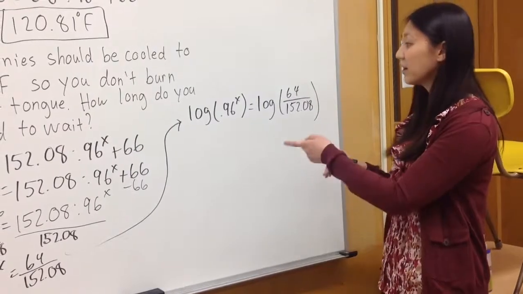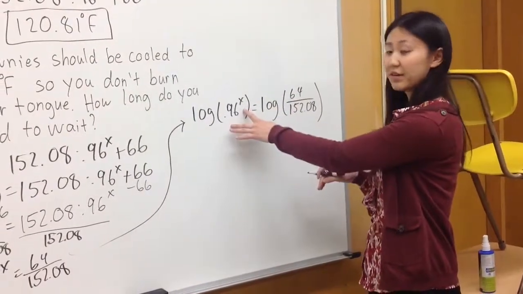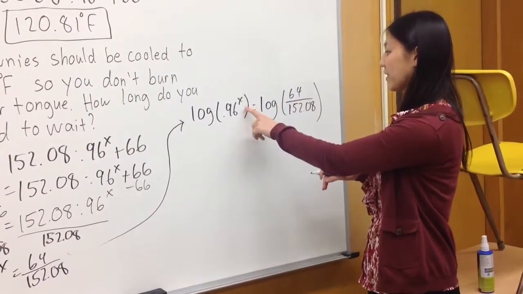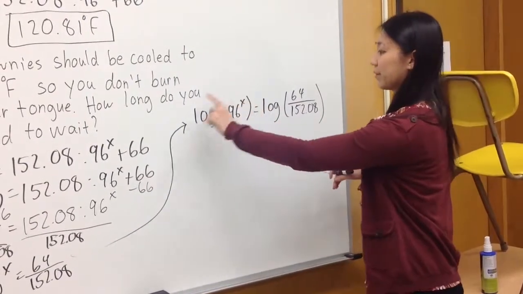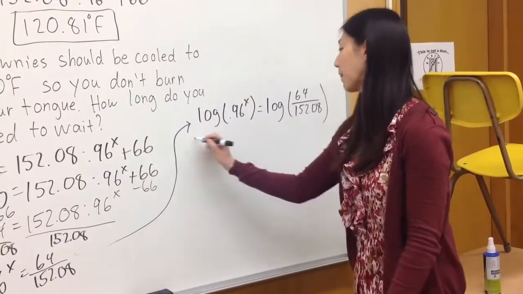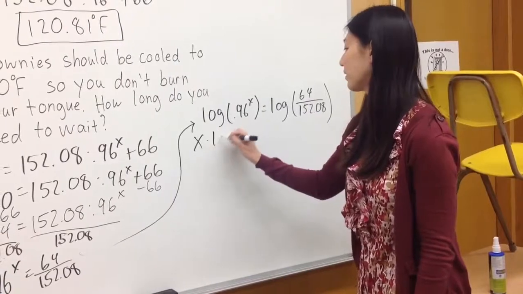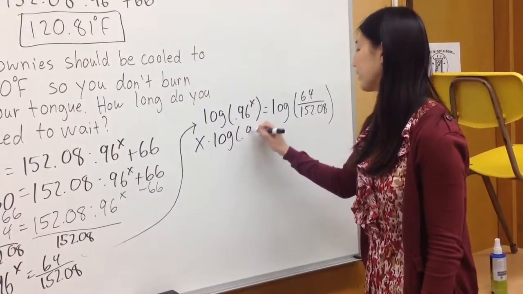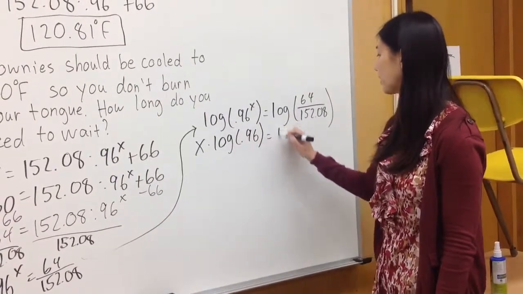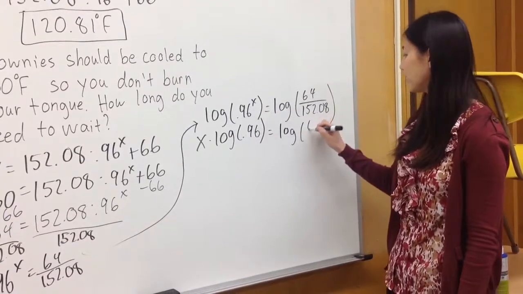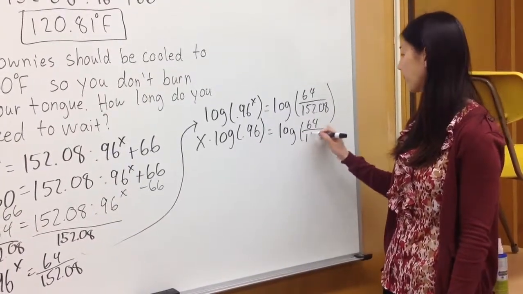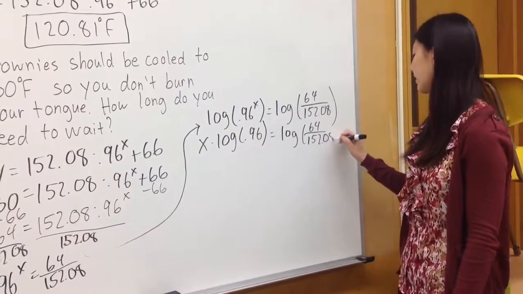And from here, we're going to expand this logarithm on the left side so that this exponent will come down in front to multiply. So this is x times log of 0.96, and that's going to equal log of 64 over 152.08.